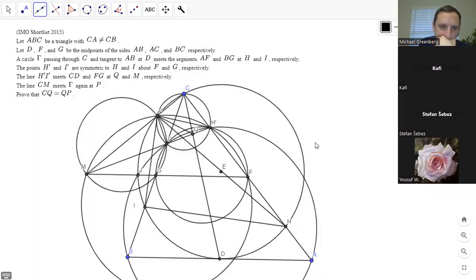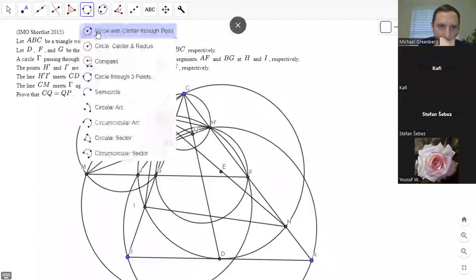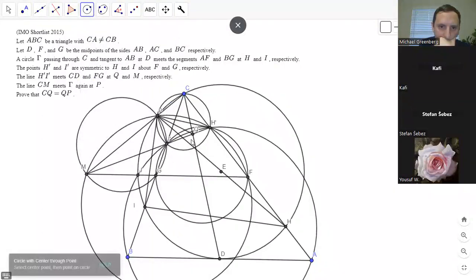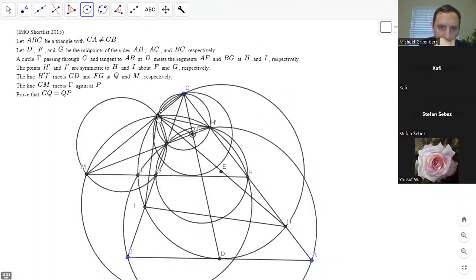Since we have a lot of circles, can you just draw a circle centered at C or Q or P? There's this circle right here. I don't know if it passes through any other point though. The power of Q with respect to this circle is CQ times QD.